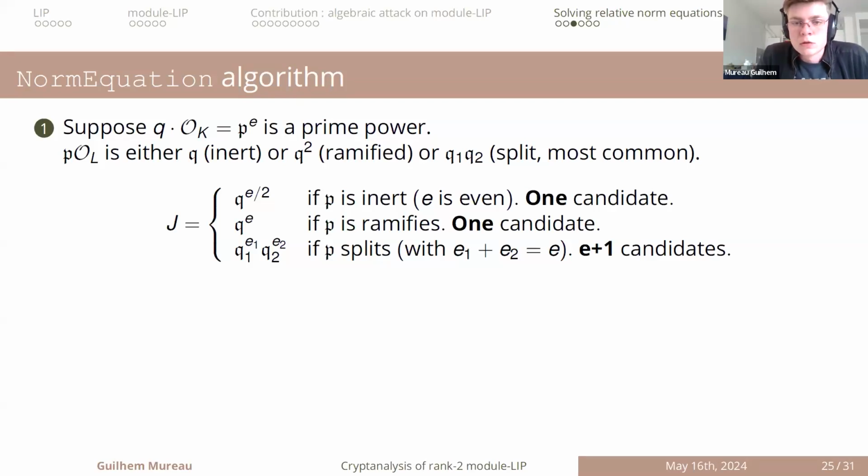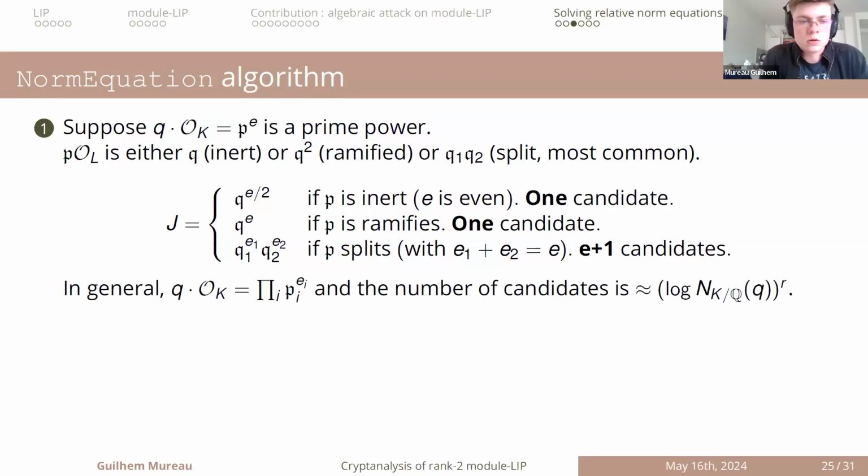And we have a degree of liberty when choosing the exponents. This gives e plus 1 candidates. And in general, for q a product of primes P_i to the e_i, the number of candidates G will be log of the norm to the r, where r is the number of distinct prime factors.